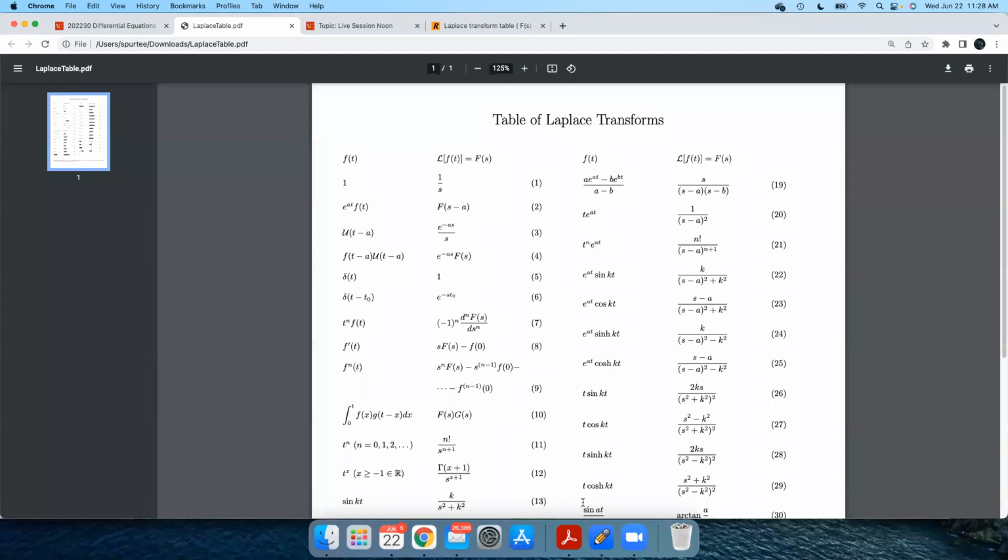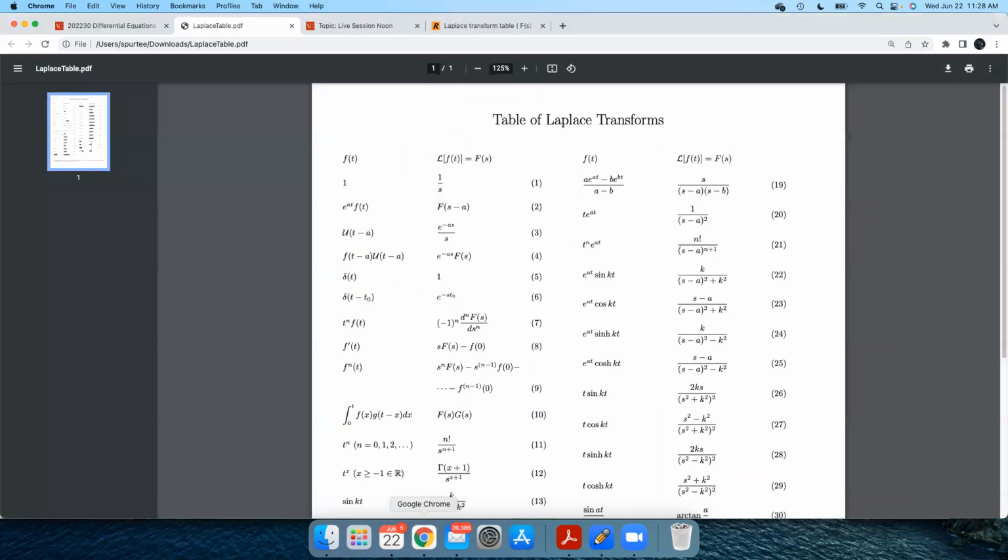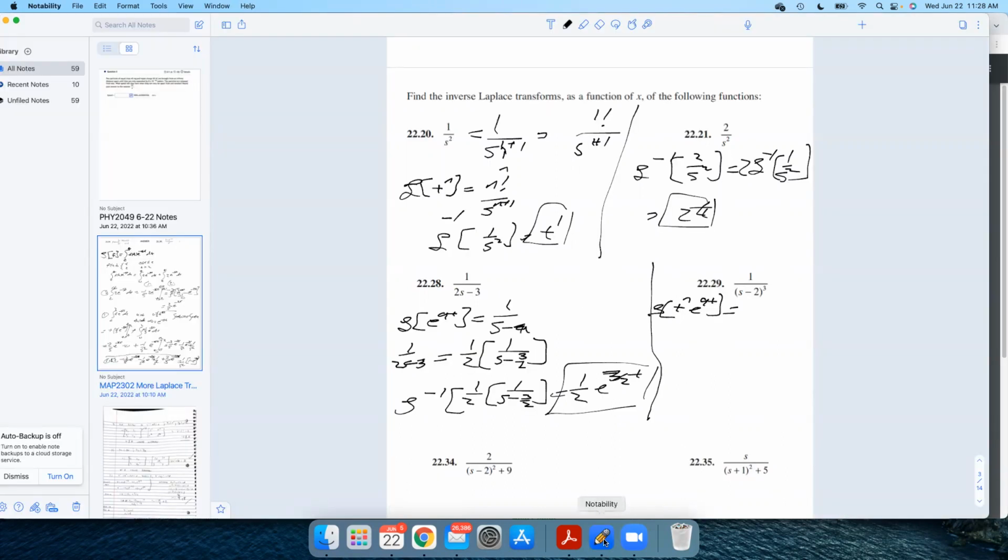All right, so let's write this one down. I really don't know if I gave myself enough room on this one. The Laplace transform of t to the n e to the at is n factorial over s minus a to the n plus 1.